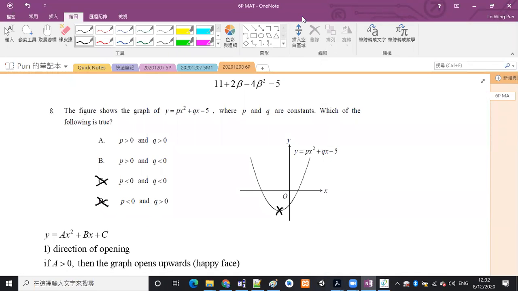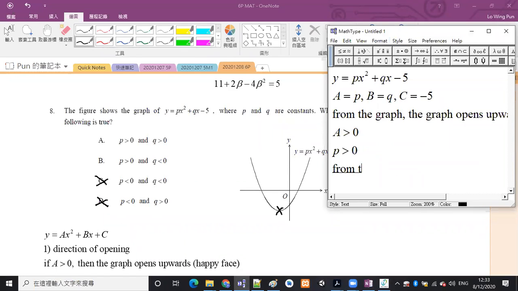Next, sorry. And then we need to consider the vertex of the function.